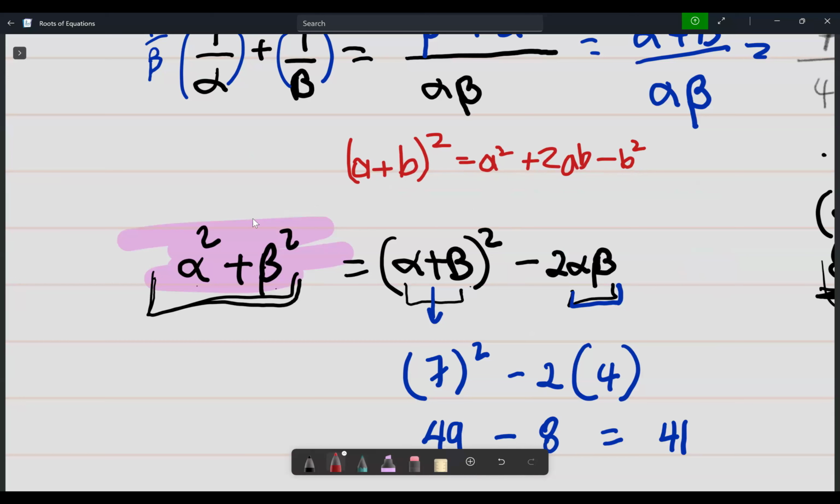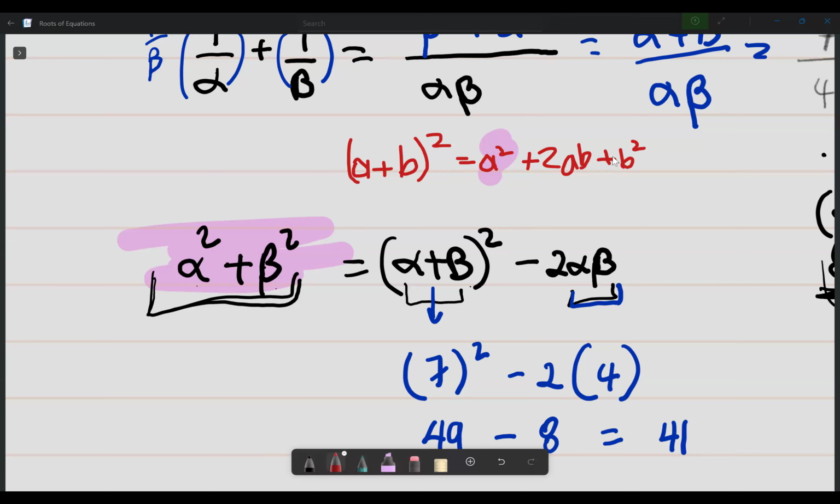So for this, they told me just this part, alpha squared plus beta squared. Well, that means they only gave me this section, and sorry, this is supposed to be plus. This topic is called the roots of equations.